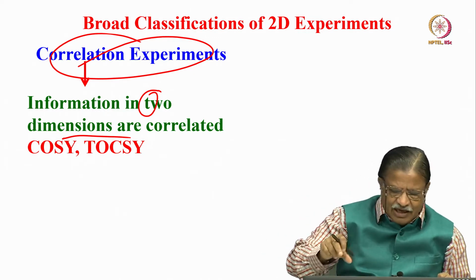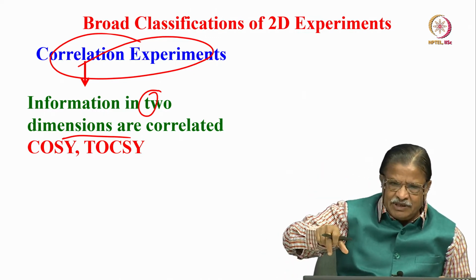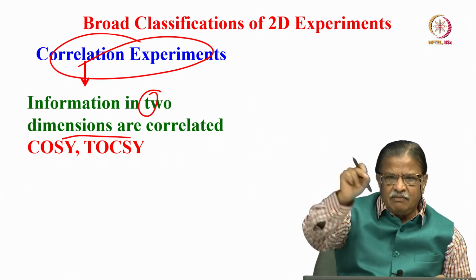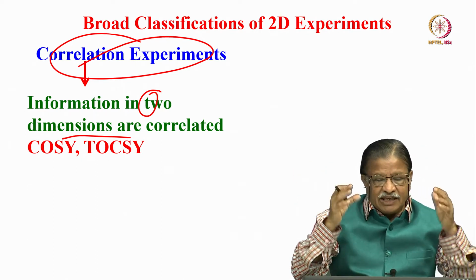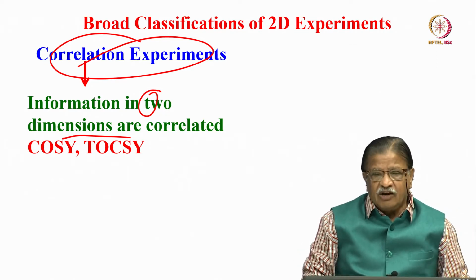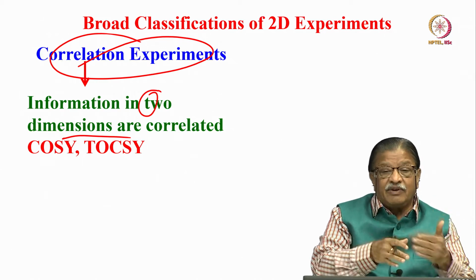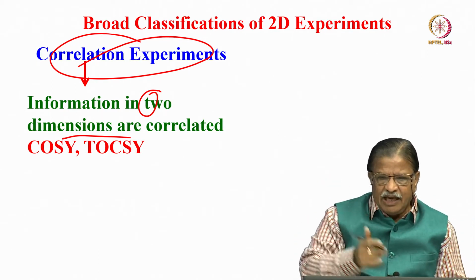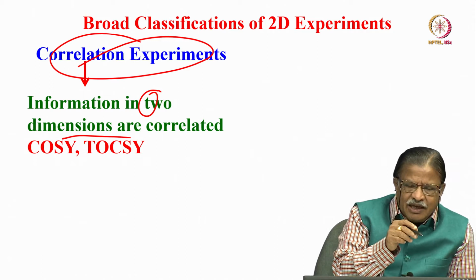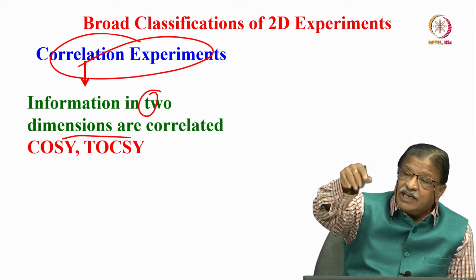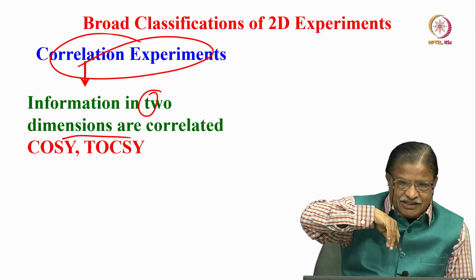I can have one information here, and another information in the other dimension, but I can correlate the information from this dimension to this dimension. Either I can correlate chemical shifts of homonuclei, or chemical shifts of heteronuclei. If I know the chemical shift of one of the protons here, and I want to know if that proton is coupled to another proton, I can have the chemical shift of that proton in this dimension.